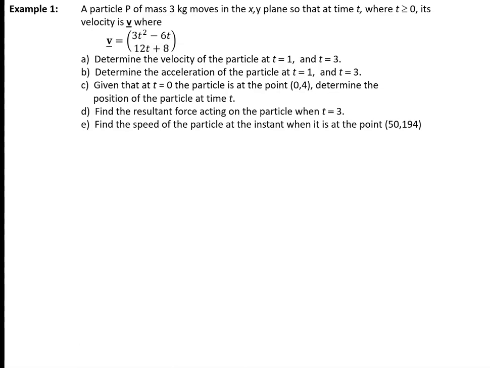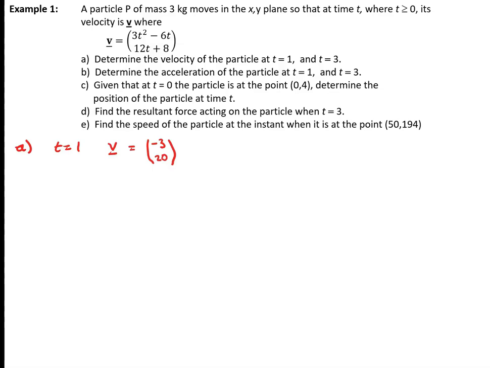That's just a question of substituting in. So when t equals 1, the expression for the velocity is v equals 3 times 1 squared take away 6 times 1. So that's negative 3 for the x component, and 12 times 1 plus 8, which is 20 for the y component. So when t equals 1, we've got v equals (-3, 20).